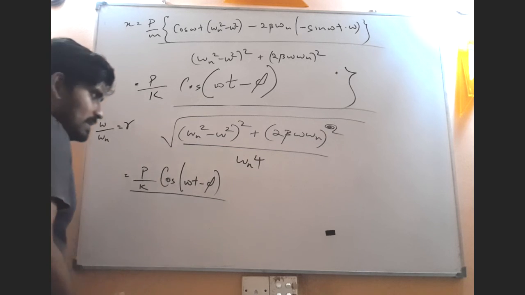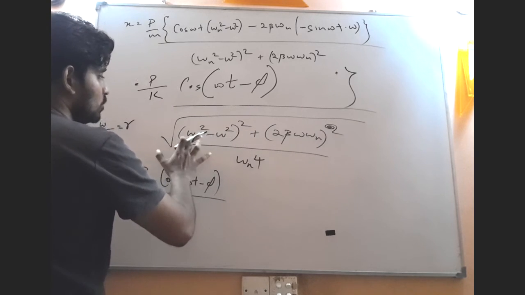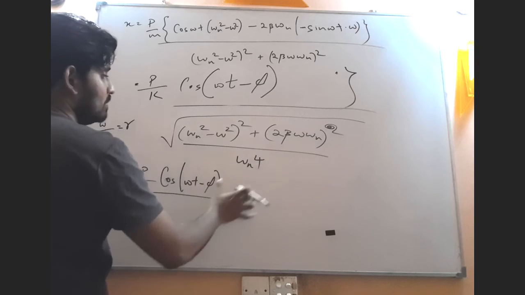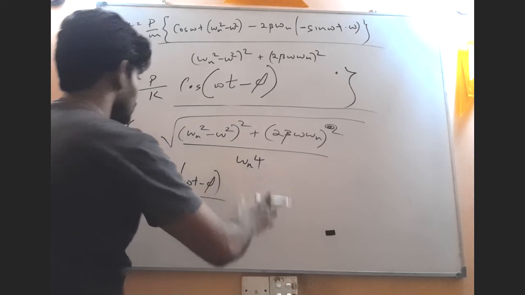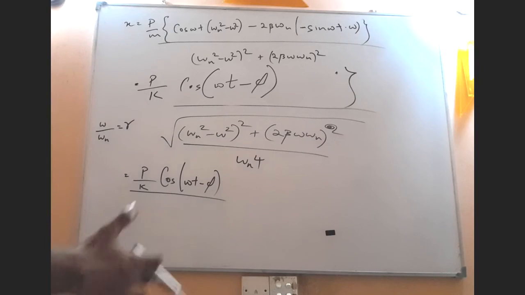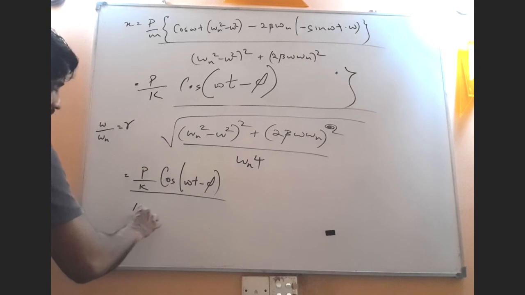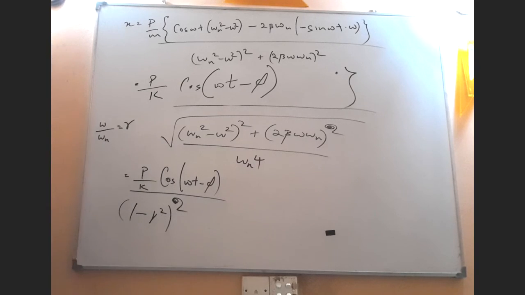If you separately divide this part, that means omega n squared minus omega squared whole thing squared, by omega n to the power 4, and also this part by omega n to the power 4, after simplifying you will be getting something like 1 minus r squared whole thing squared, right?